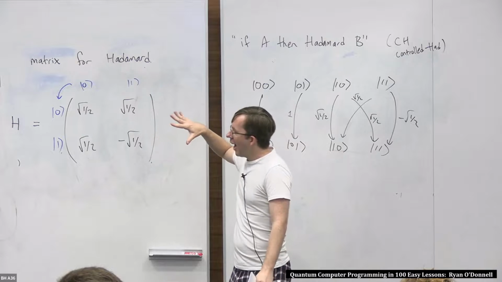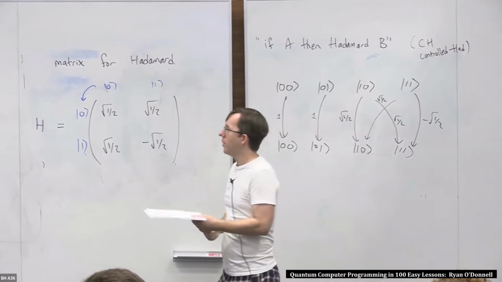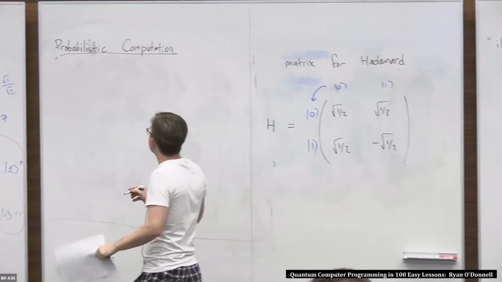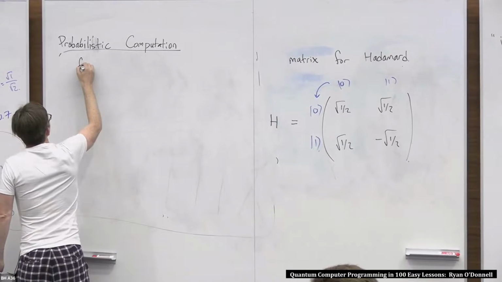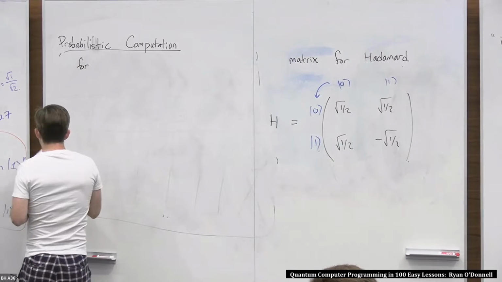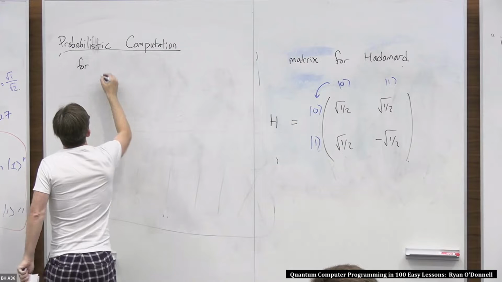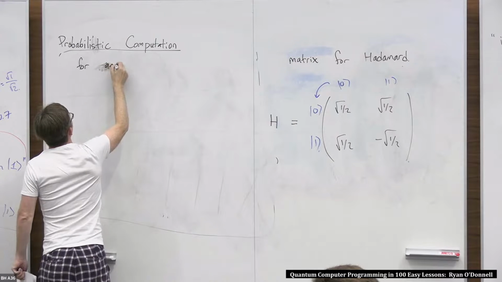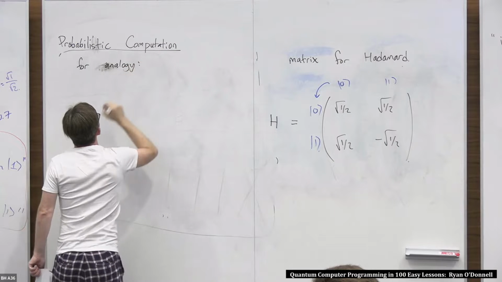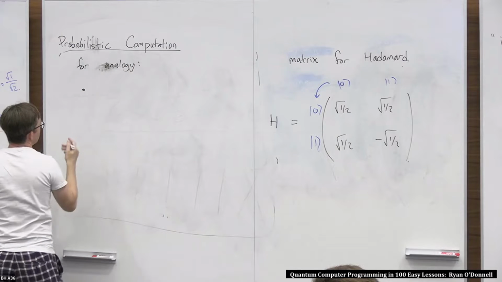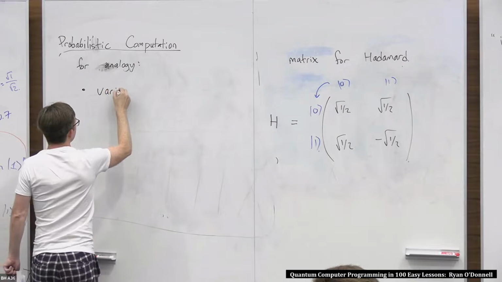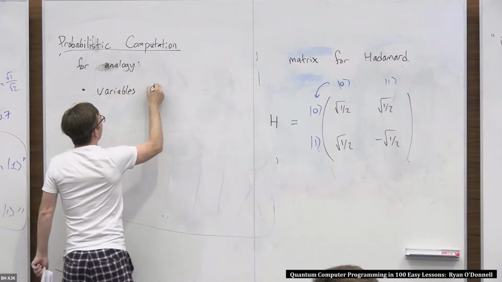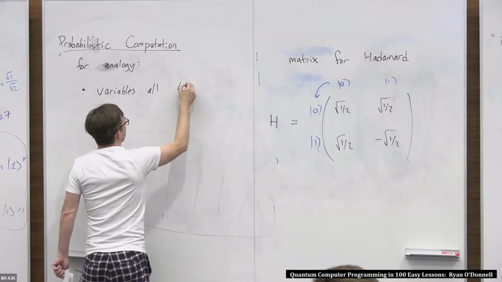To make the analogy with quantum computing more obvious, I'm going to study only probabilistic code that has these properties. The variables will all be of data type bit.